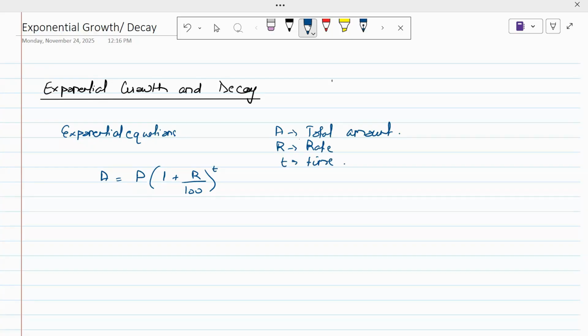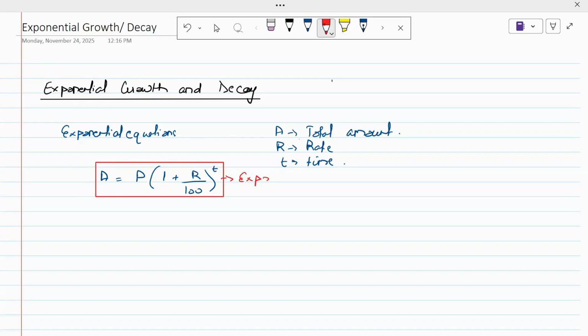So this compound interest formula is also the case of exponential equations. And in particular, compound interest formula is the case of exponential growth only. This was the case of only the exponential increase or exponential growth.